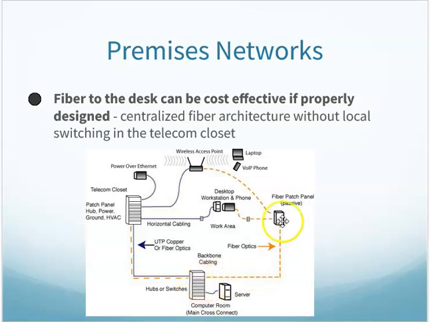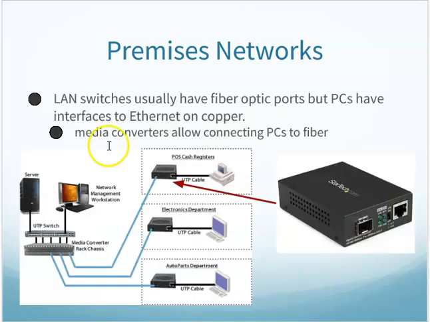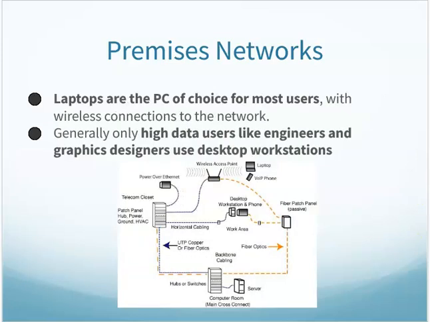So this can be possible by implementing a fiber switch here, if you will. I can get rid of this area here where I would have the switch that goes from the fiber to the copper. I could get rid of that piece here and run fiber the whole way out to the desktop, just using this little media converter to convert that fiber link into a copper connection for the desktop computer.